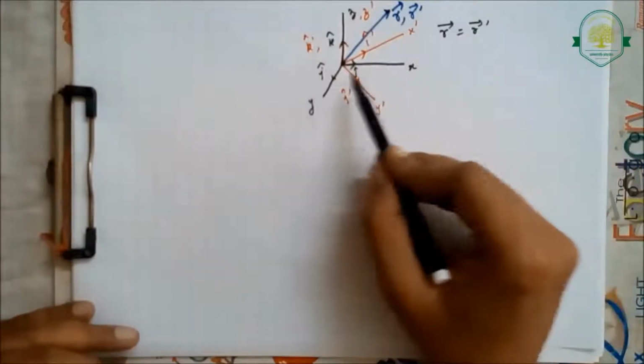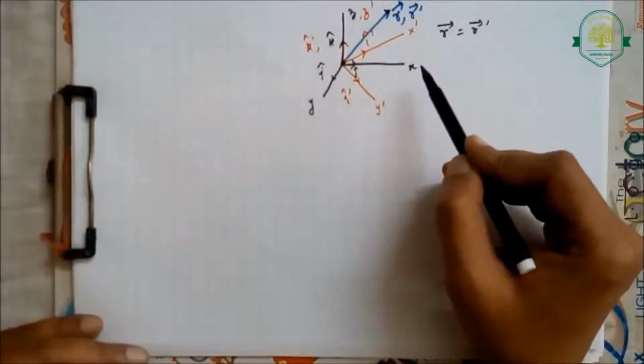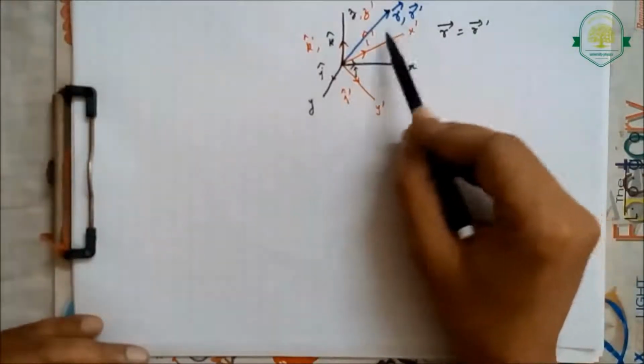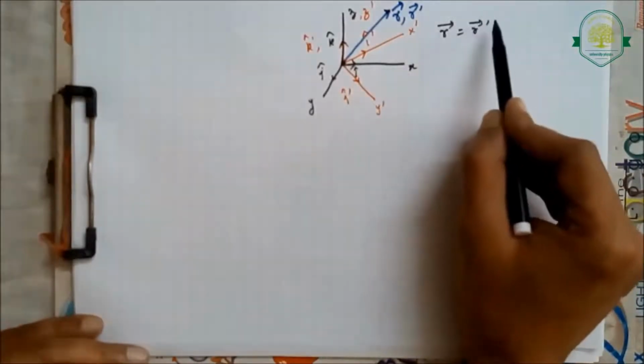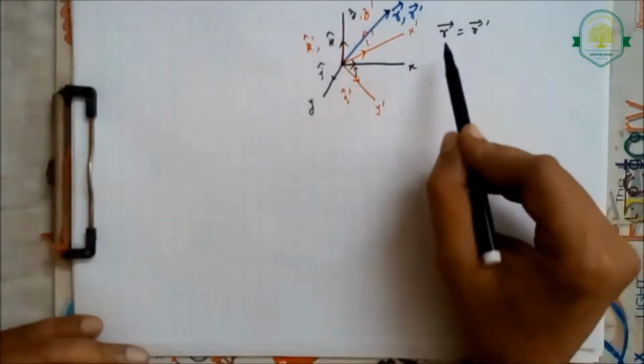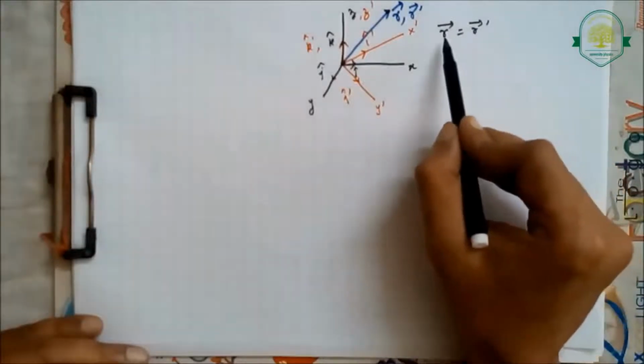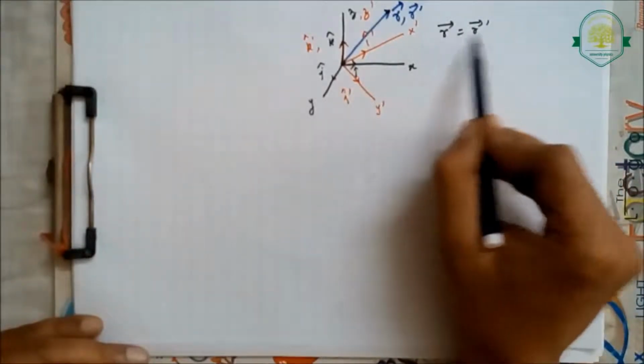That is, the x component, y component, z component in general will be different in the 2 frames of the same vector, but we are essentially talking about the same vector as seen from 2 different frames of reference. So the equality obviously holds.